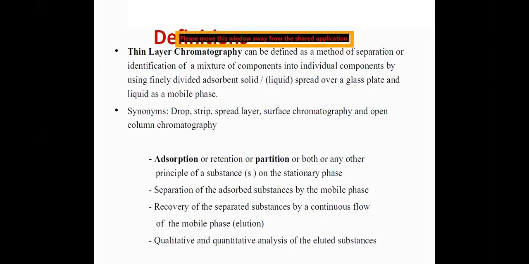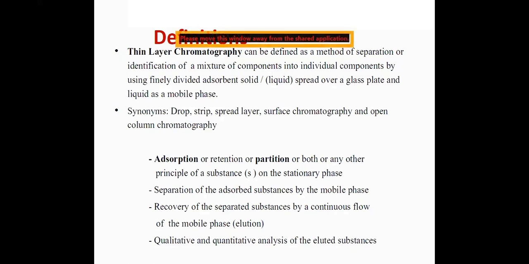If the samples are colored, there is no need to use a visualizing reagent. If the samples are colorless, say for example amino acids, again we need to spray with some spraying reagent, that is the ninhydrin solution. Identify the location of the spots, measure the distance from the baseline, and calculate the RF value, the retardation factor.